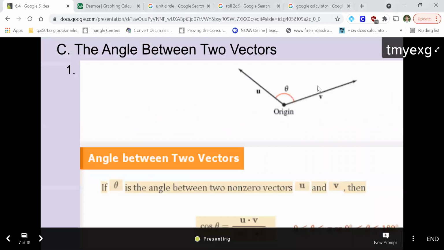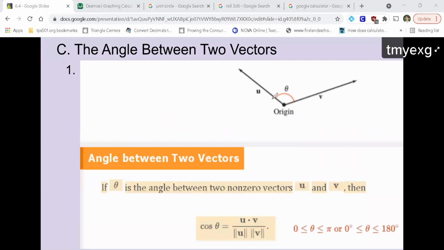All right. So next thing we're going to do is also not too bad. It's to find the angle between two vectors. So if you have a vector u and a vector v, and you want to find the angle between them, just do this formula down here.